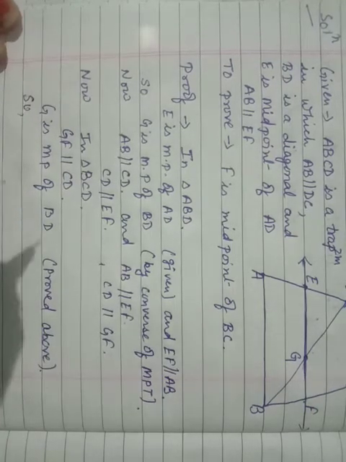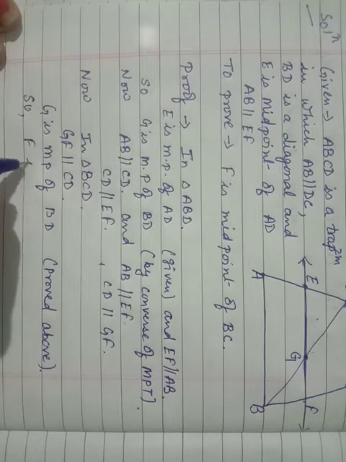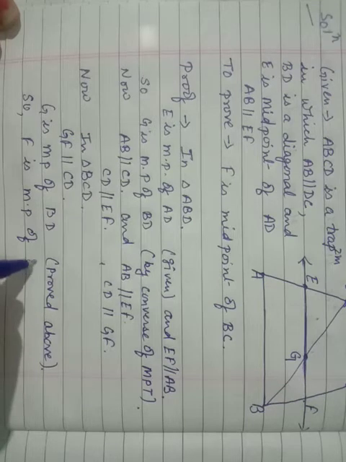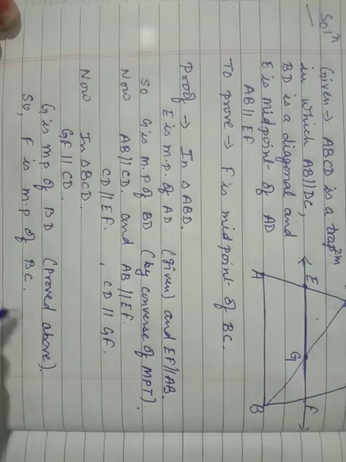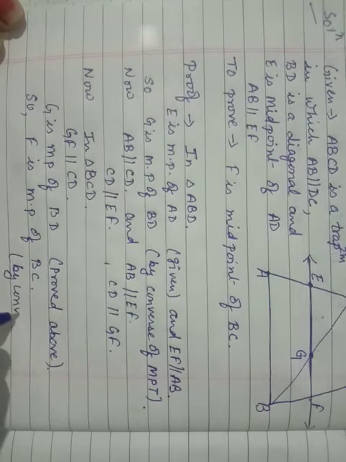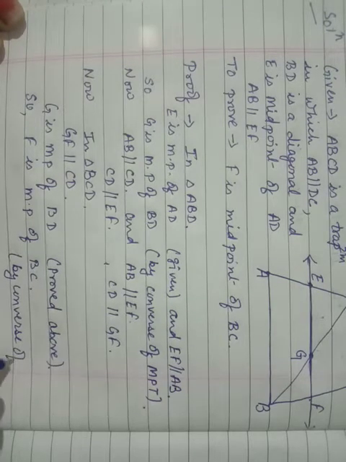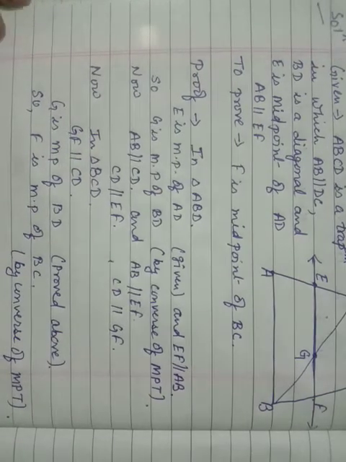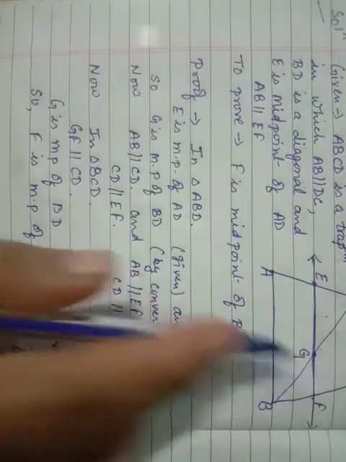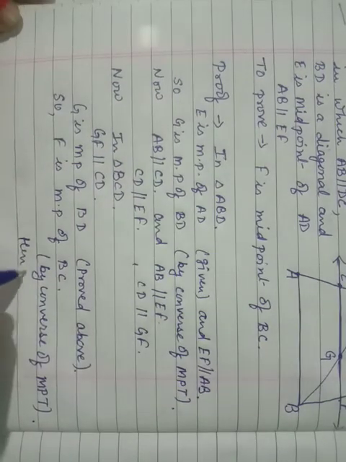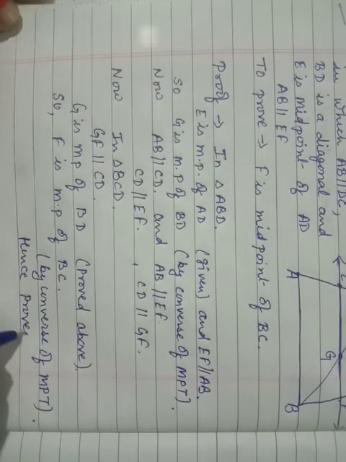So F is the midpoint of BC. How? By the converse of the midpoint theorem. By the converse of the midpoint theorem, F is the midpoint of BC. Hence proved.